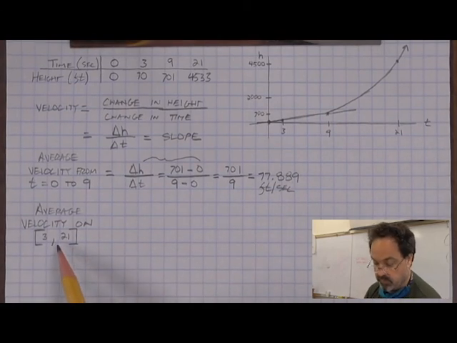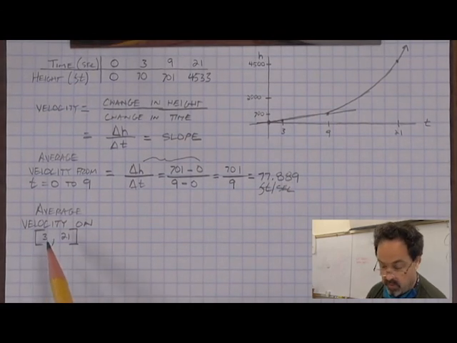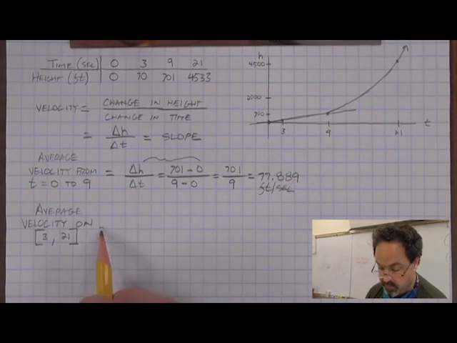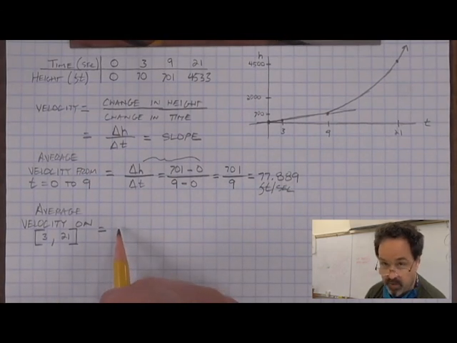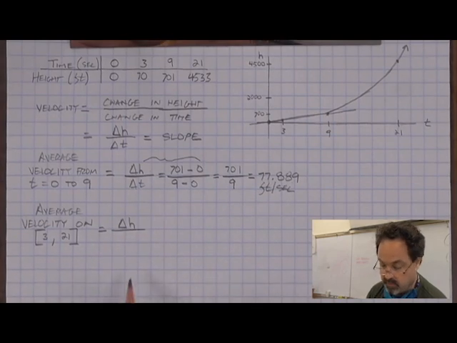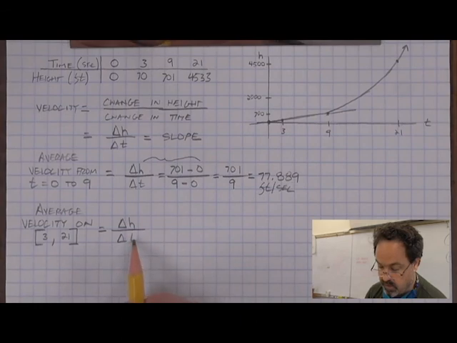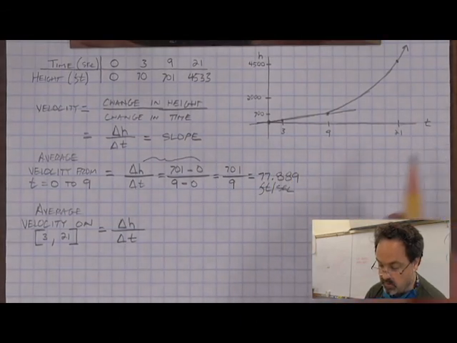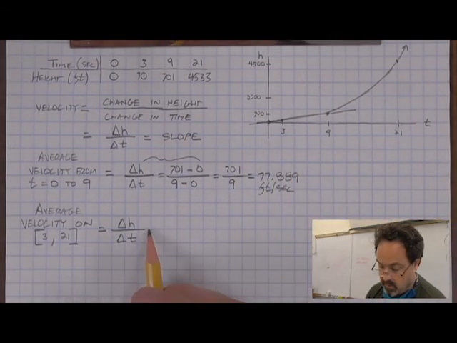This is interval notation for the time, 3 to 21. And we know that this is going to be a slope calculation, rise over run, but in this case the rise is not y, it's h for the context of height, and the run is not x, it's change in time, because time is the horizontal variable in this context.